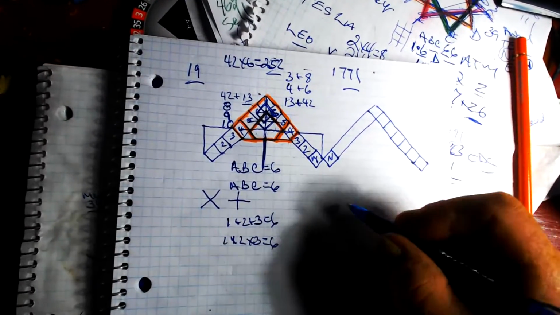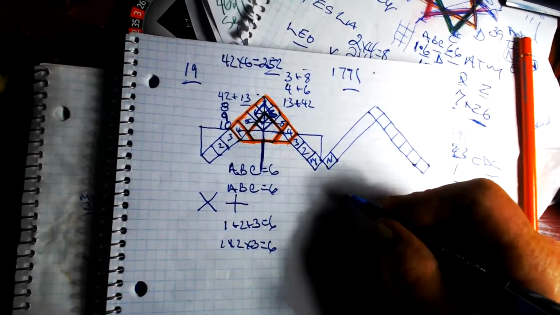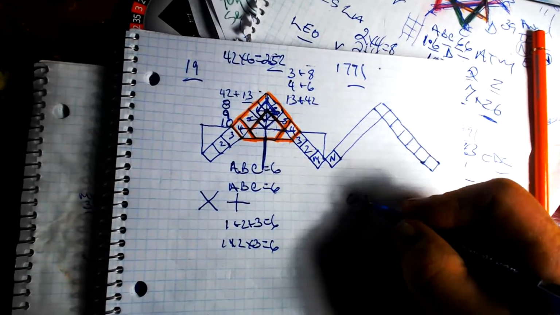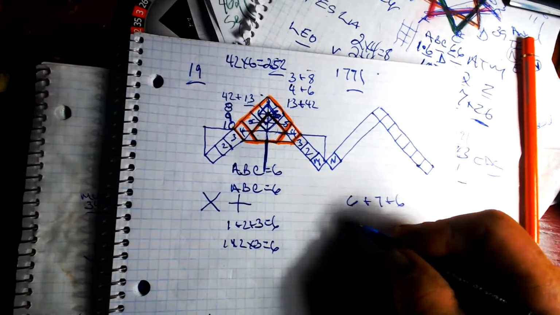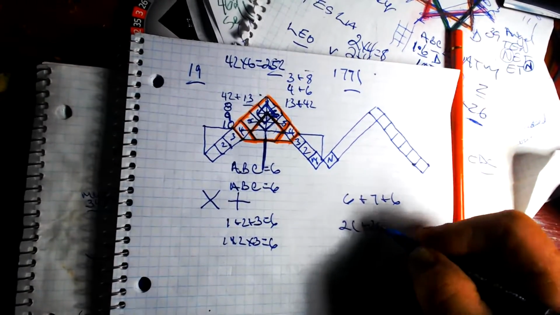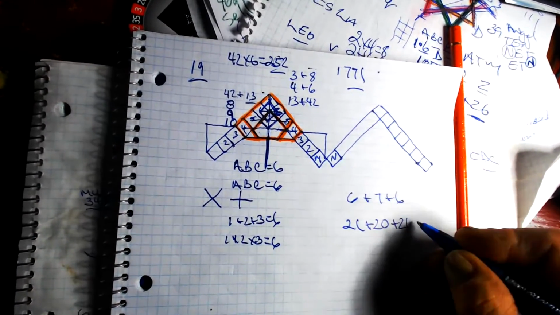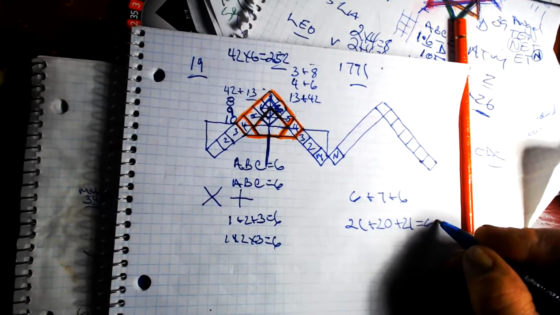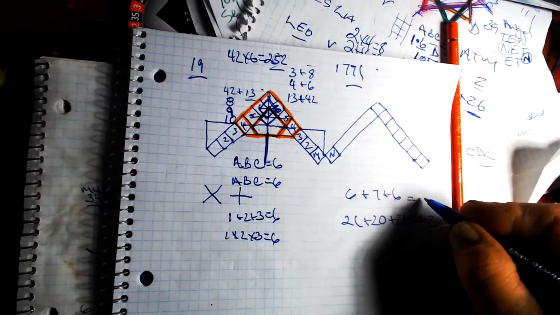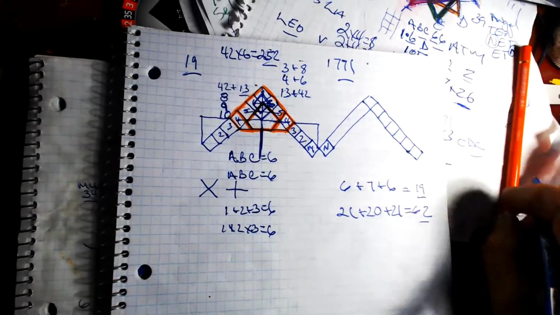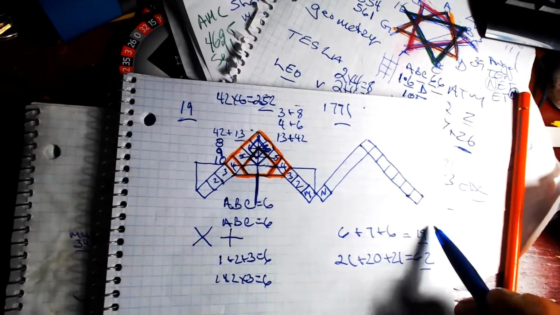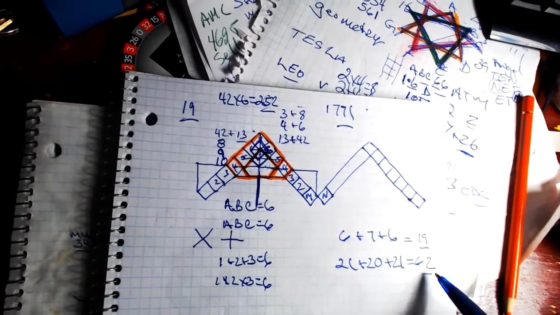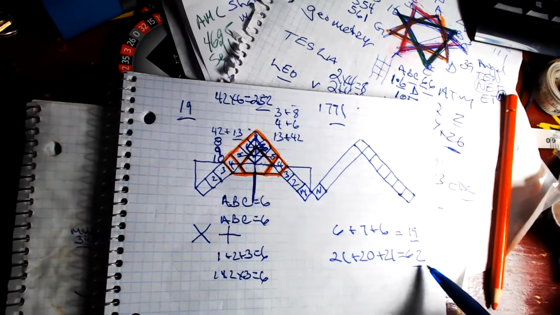So anyways, I am going to do the reverse of 6 and 7 and 6. And that is going to be 21 and 20 and 21. And that is 62. And this one is 19. So the polarity of the pole in the alphabet is 19 and 62 over here.